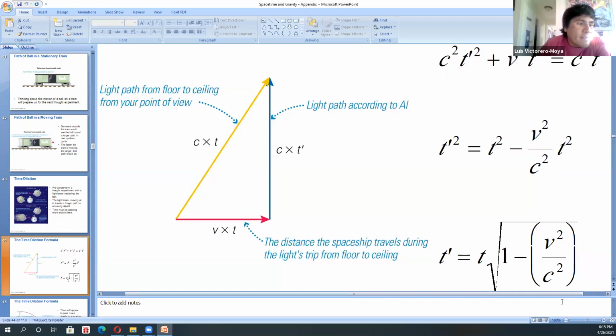This is irrelevant if v is the velocity of an airplane, a car, even a comet, or the Earth around the sun. V squared over c squared becomes relevant for objects moving close to the speed of light. So we're talking about receding galaxies.